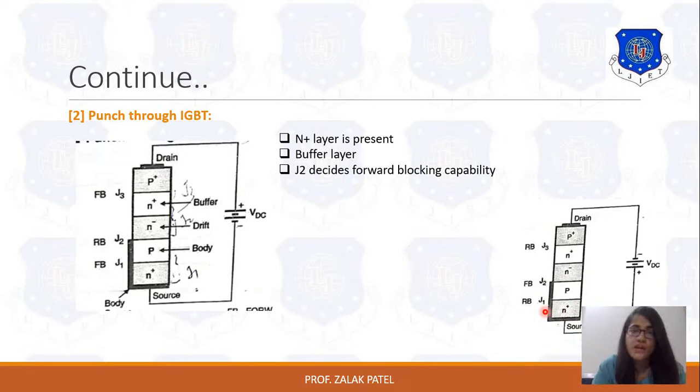But one point is added in the case of punch through IGBT: J3 does not have blocking capability because of this buffer layer. So J1 and J3 both do not block the voltages in this construction.